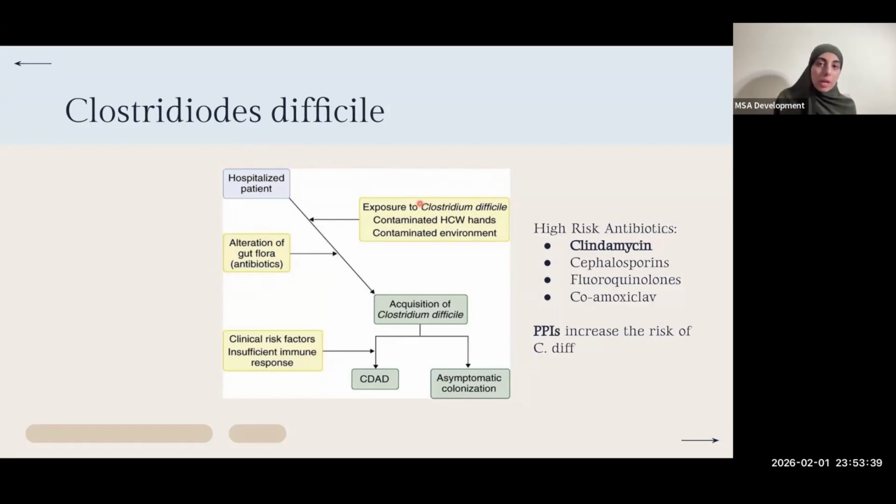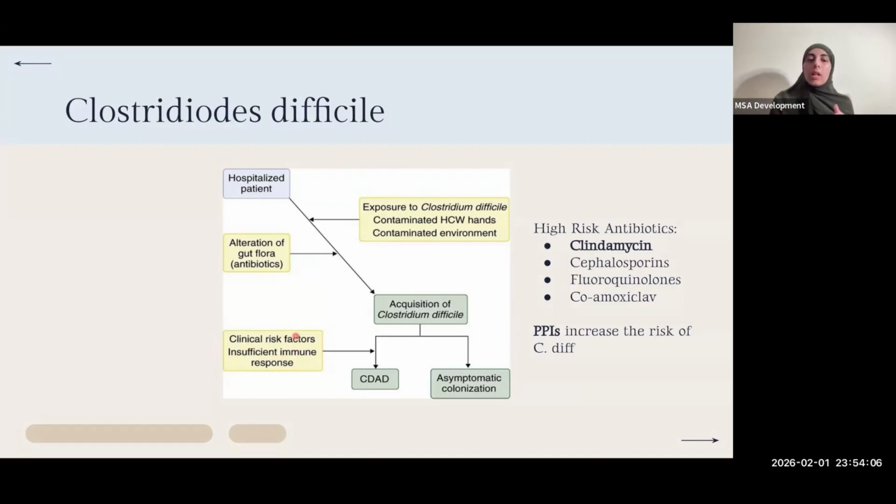A new patient comes in, and they get infected with the spores that were there in the room. You also have some risk factors that make someone susceptible, like if someone does not have a very strong immune system, if someone is immunocompromised. So hospitalized patients, patients who received antibiotics, patients who were exposed to spores of C. diff, and patients who are immunocompromised. This all allows them to acquire C. diff infection.